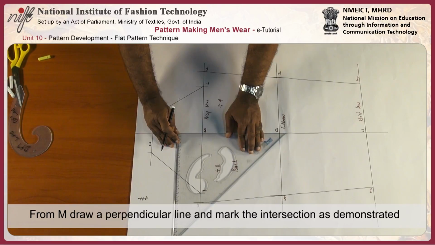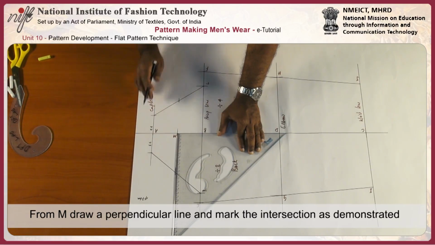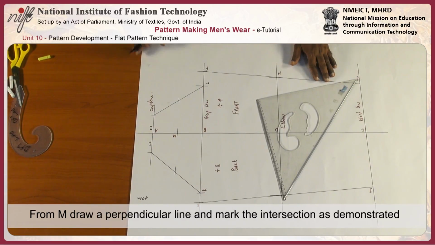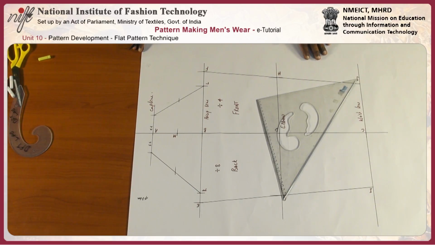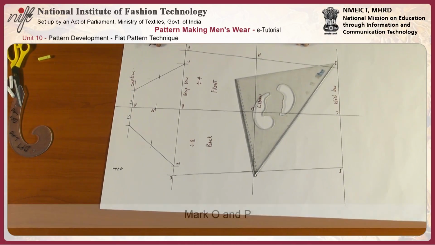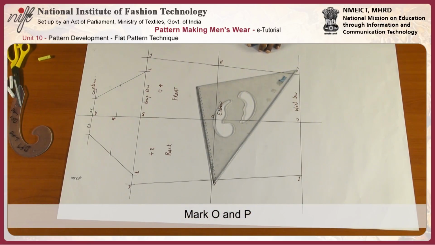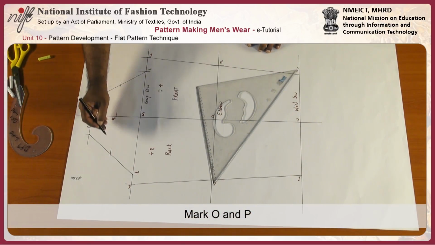Taken perpendicular and marked on the K and 5.5 centimeter mark on the cap line. So these can be marked as O and P.